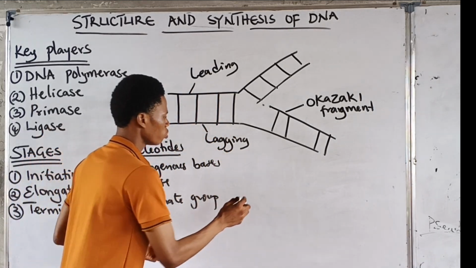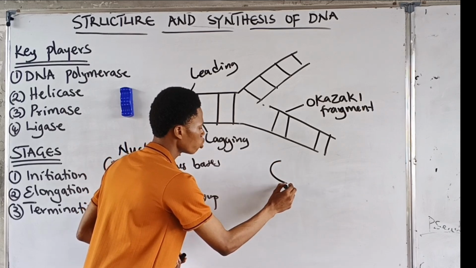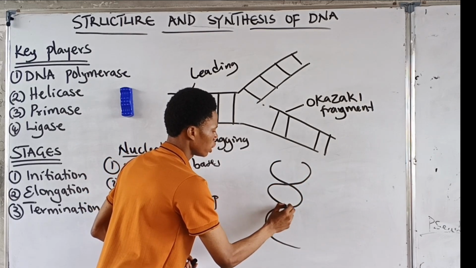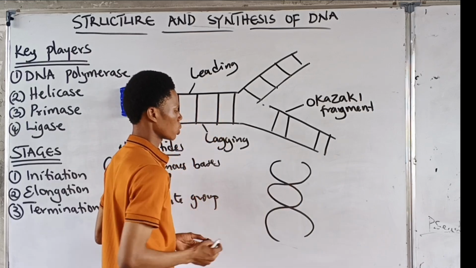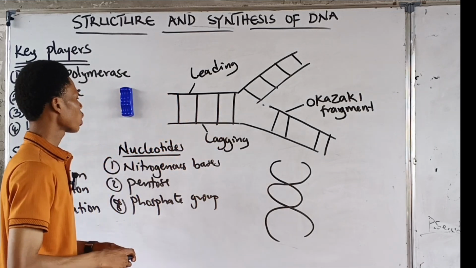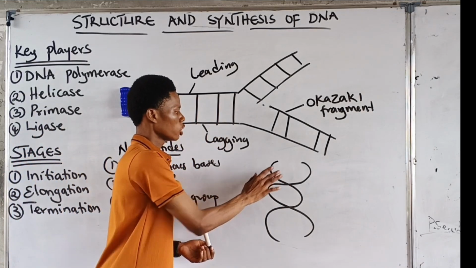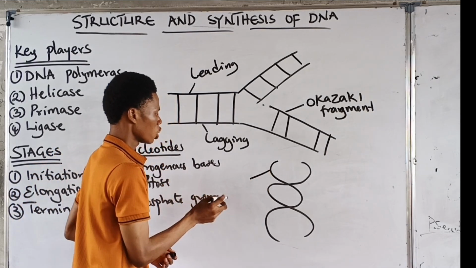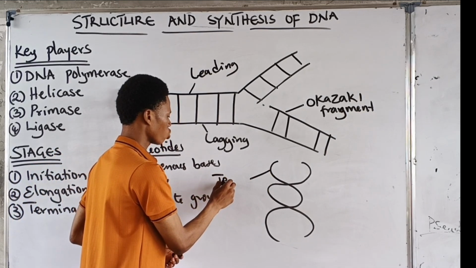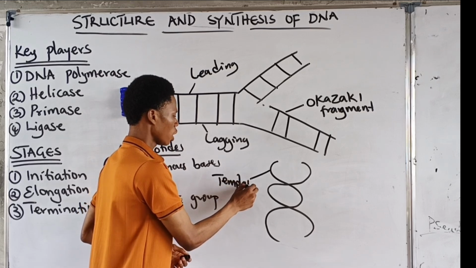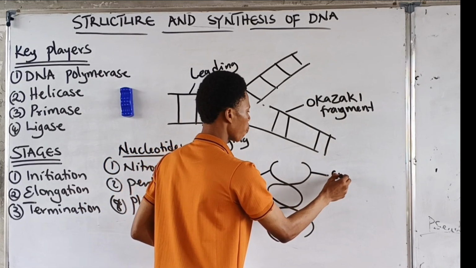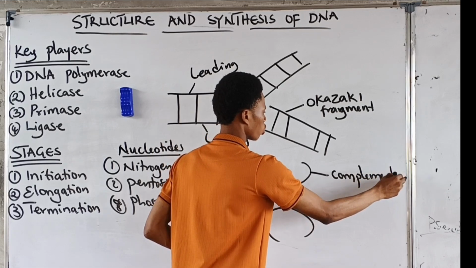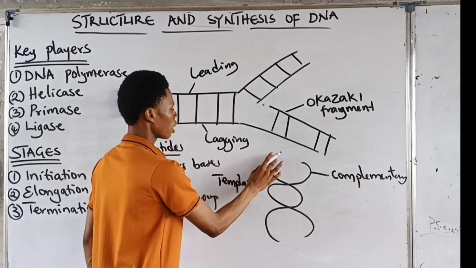Now if you look at the structure of DNA, DNA is a double-stranded helix, meaning it has two strands. One of the strands is called the template strand, and the other strand is called the complementary strand.